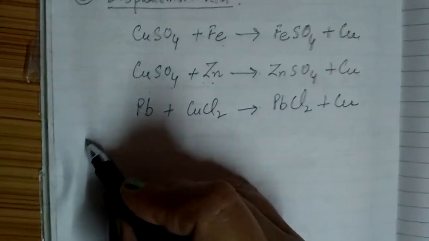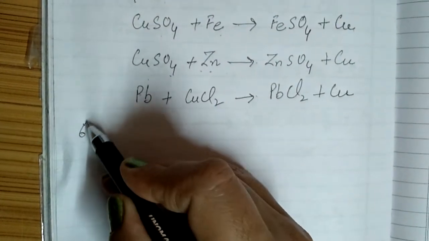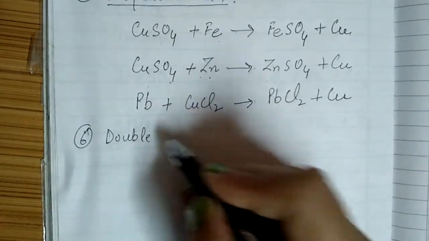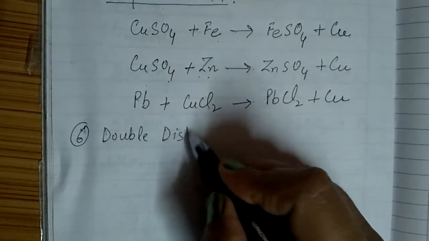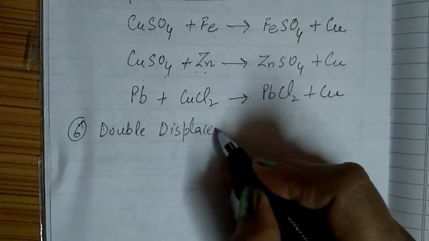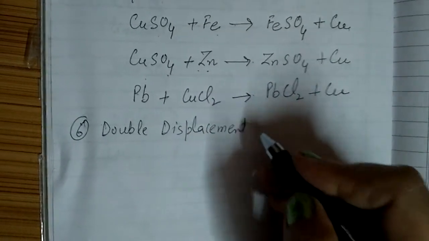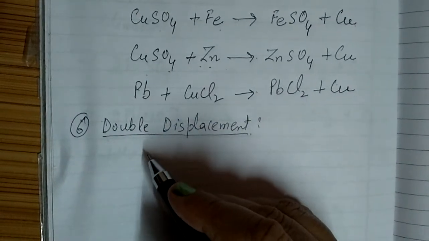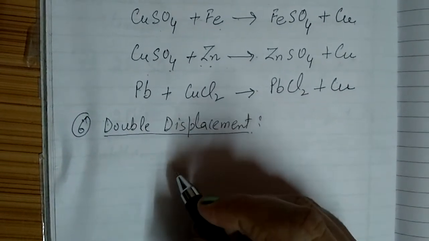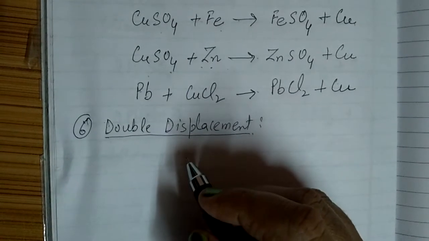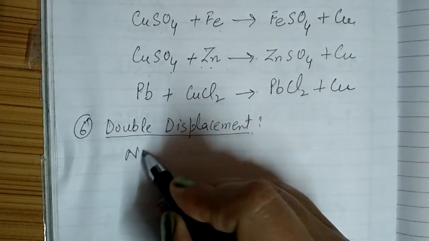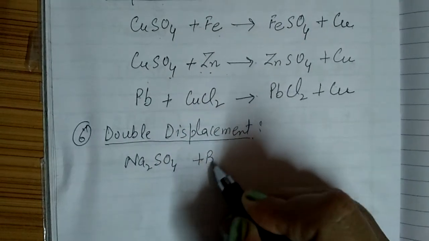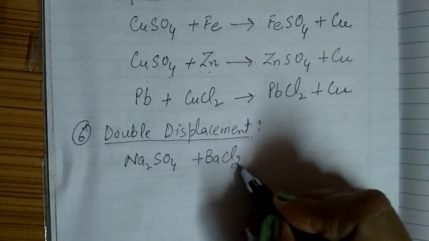Then another type of reaction is the double displacement reaction. This type of reaction takes place between two salt compounds. For example, we have sodium sulfate, Na2SO4, and barium chloride, BaCl2.